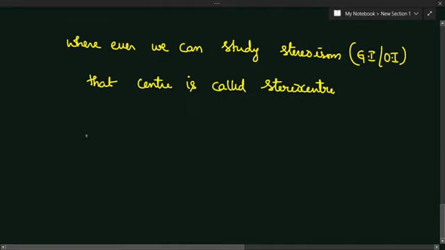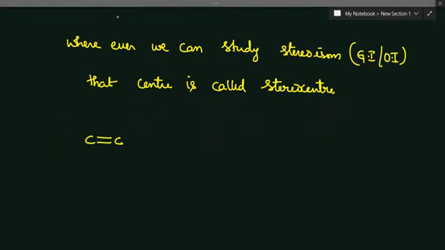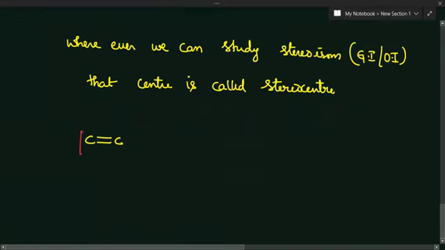For example, I have C double bond C, and this C double bond C is a stereocenter. If this is the stereocenter, these atoms are called stereocenter atoms. I hope you got this.